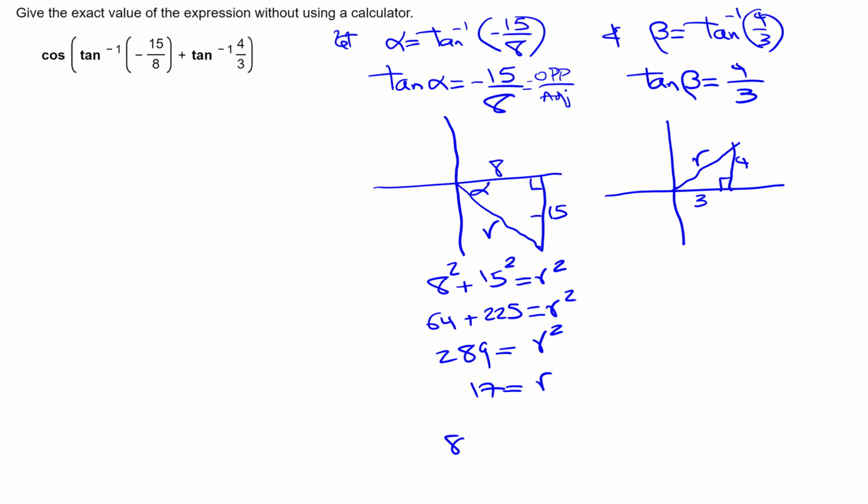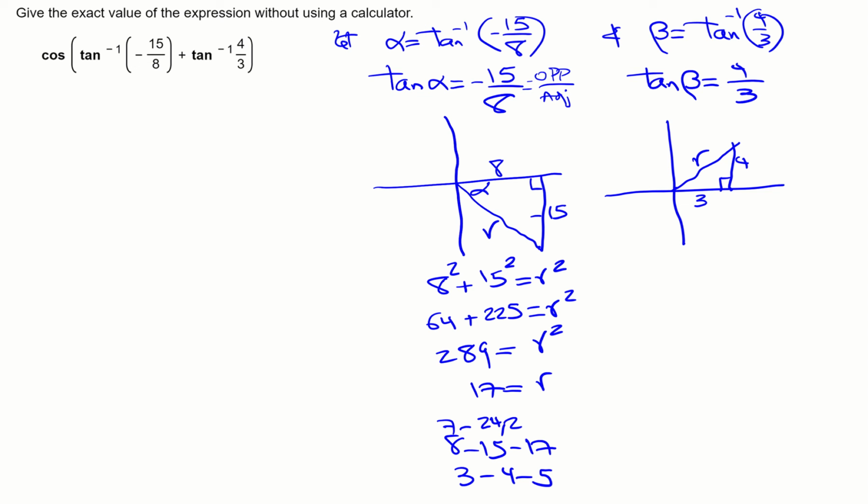Again, if you know the 8, 15, 17 triple, you could have done that instantly. There's also 3, 4, 5. By the way, any multiple of these will be a Pythagorean triple as well. For example, if you double all of these, 6, 8, 10, that will be a Pythagorean triple as well. We also have 7, 24, 25.